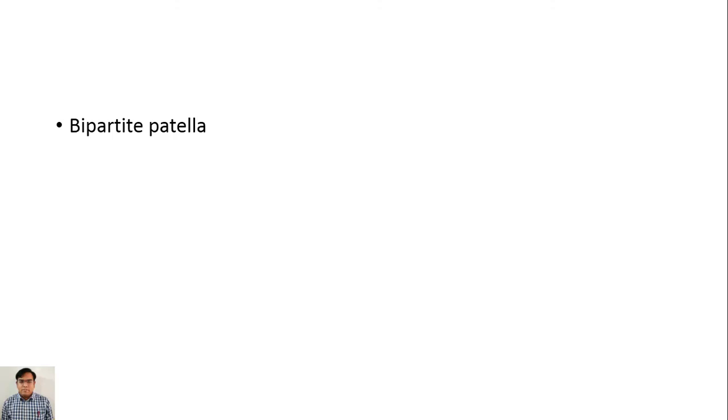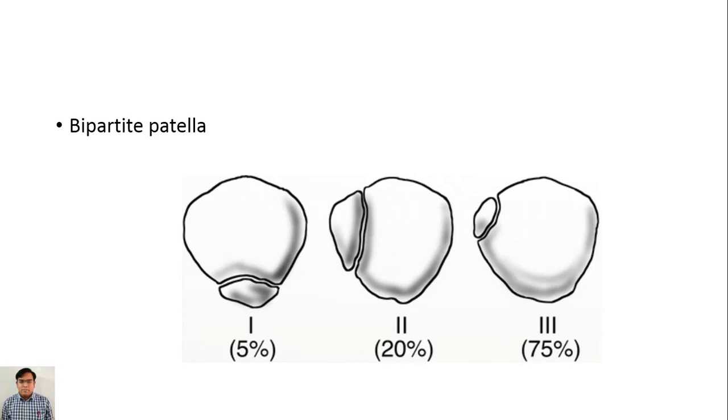Now there are various ossification centers for patella. If one ossification center fails to fuse with the main body of patella, then it will lead to bipartite patella as shown in this figure.